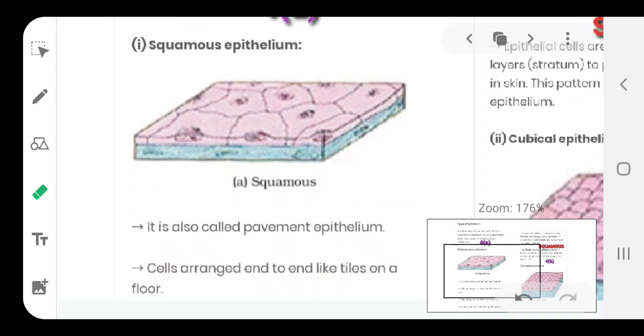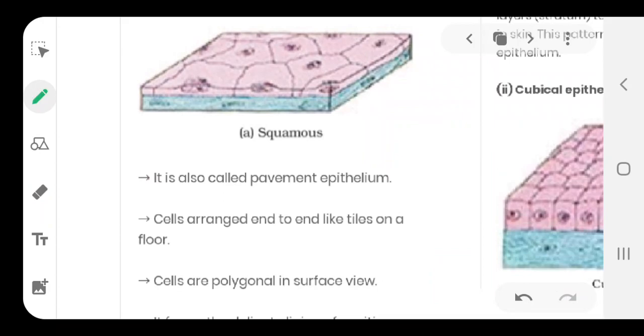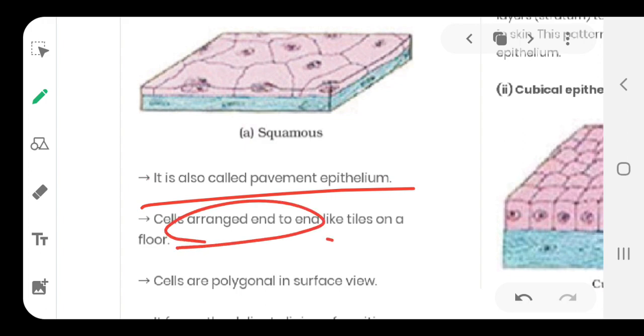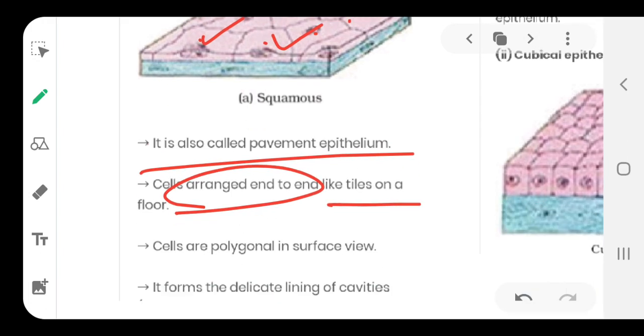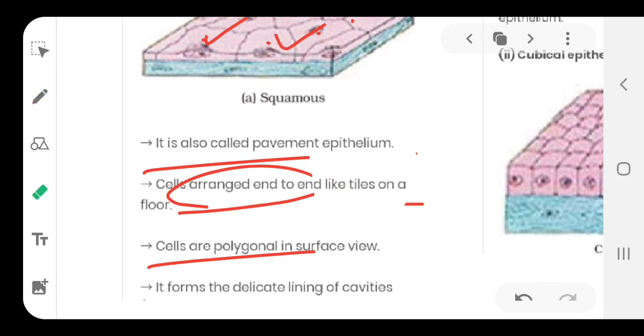In the case of squamous epithelial tissue, they are also called the pavement epithelium, and the cells are arranged end to end like tiles on the floor. That's why the name pavement. You can see how the cells are arranged just like floor tiles, and the cells are polygonal in shape, and it forms the delicate lining of cavities.